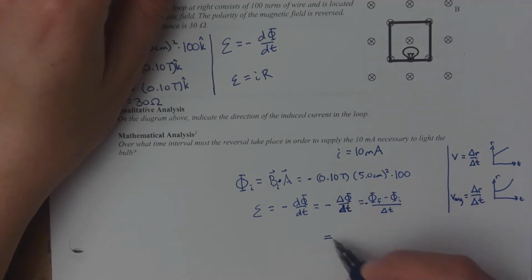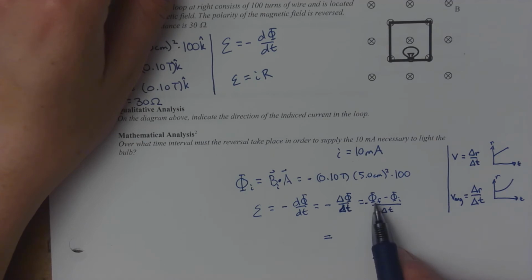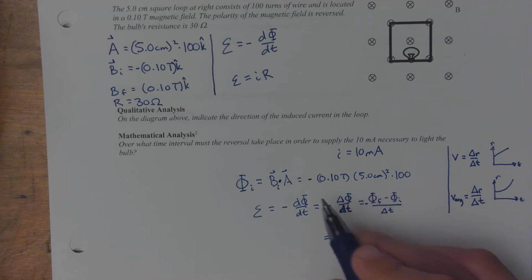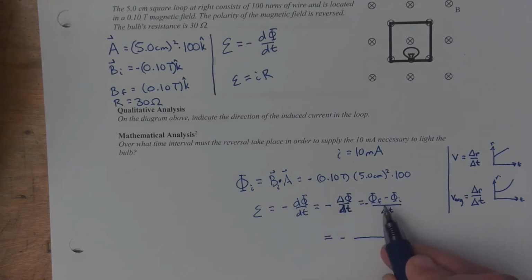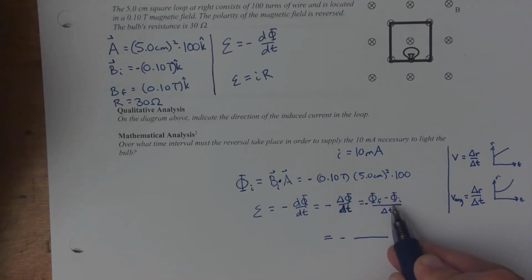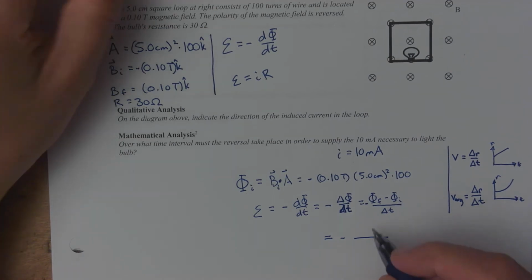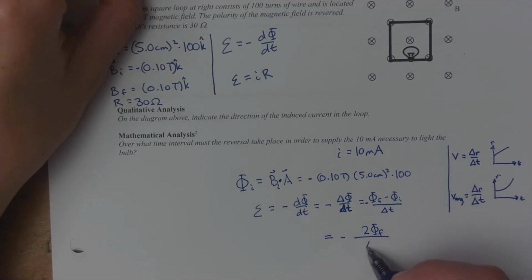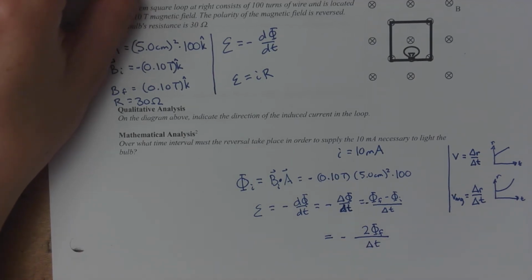So if the final flux is positive and the initial flux is negative, then the final flux minus the initial flux will be the same thing as twice the final flux, because they have the same magnitude, just the opposite sign, and since the initial flux is negative, when you subtract the initial flux, that's the same as adding the final flux, over delta t. And that gives us something negative for the EMF.